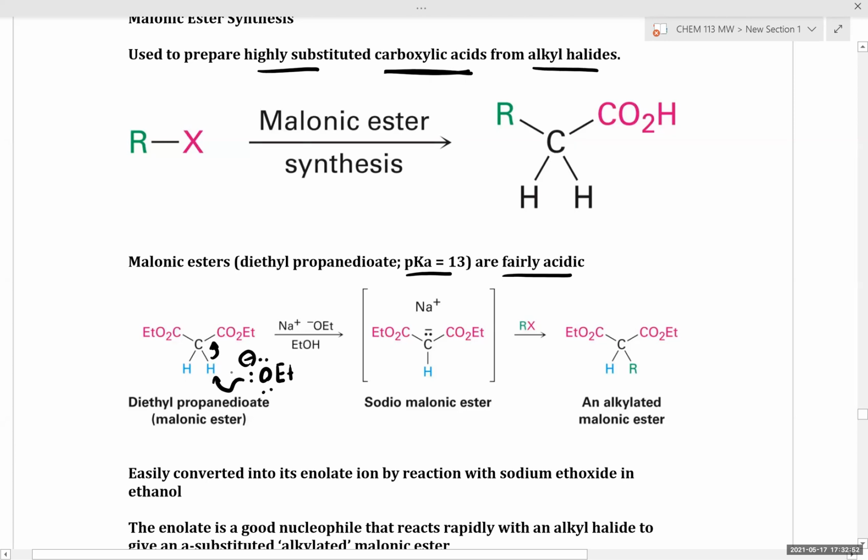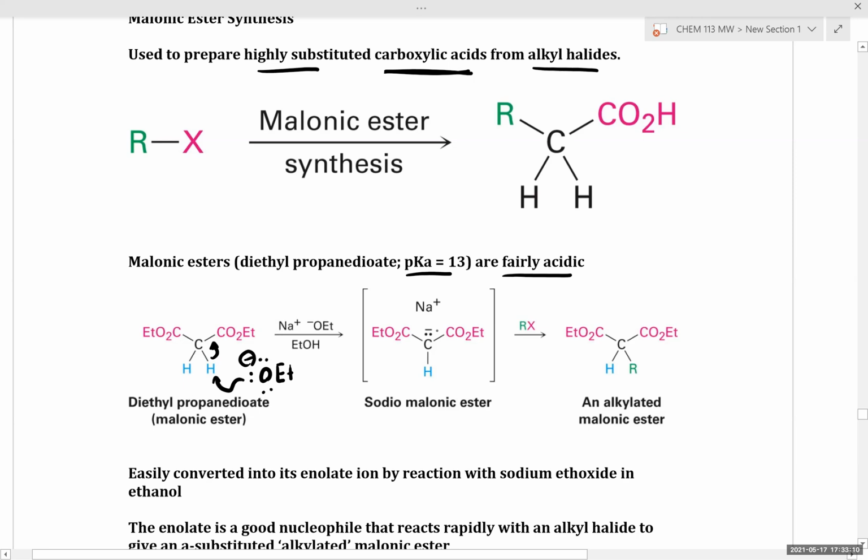The other thing I'd like you to note, because the malonic ester is quite acidic and ethoxide is relatively basic in this context, we can generate this malonic ester enolate quite readily, and this enolate will be product favored.